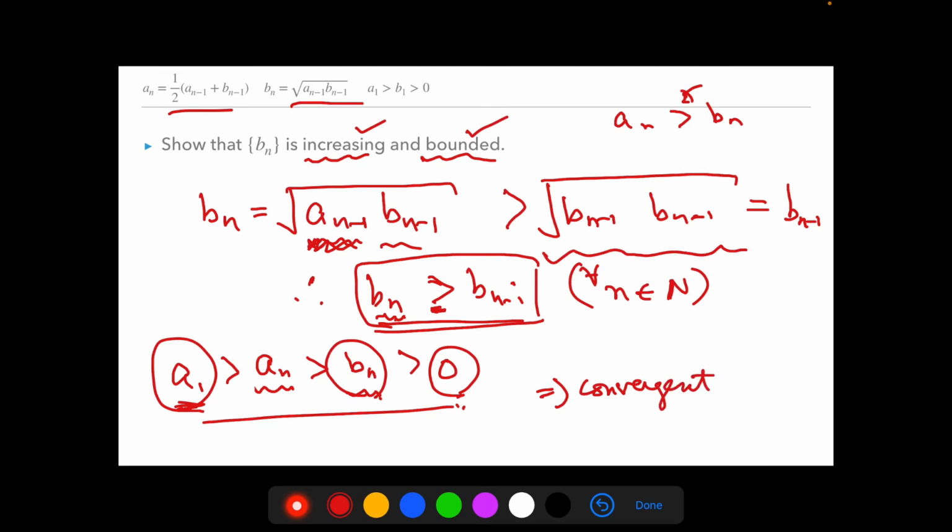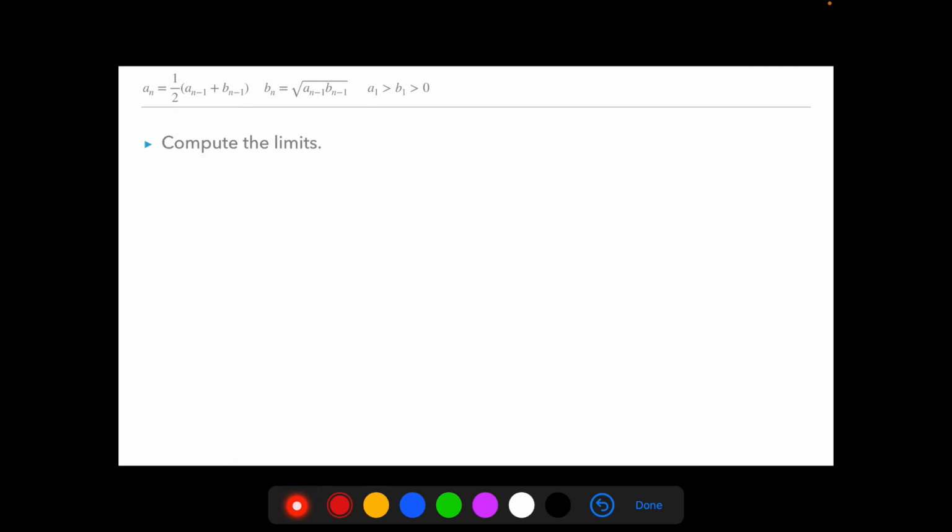Now, we've shown that a sub n and b sub n are both convergent. Now, let's try to get their limit. So, suppose that alpha is the limit as n approaches infinity of a sub n. If that's the case, then we take the limit of both sides of this equation here, we get this.